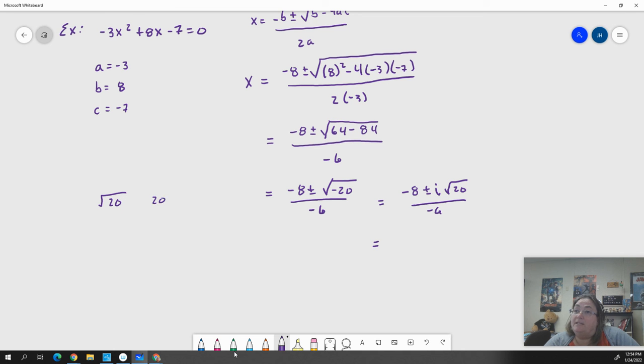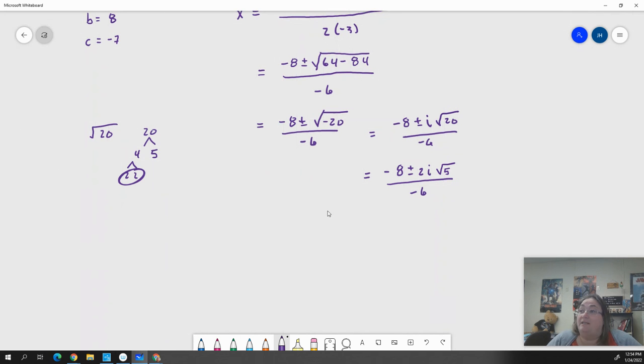And if I take 20, well, it's 4 times 5. 4 is a perfect square, right? It's 2 times 2. So I could pull the 2 out. The 5 doesn't have a match. So I'm winding up with -8 plus or minus 2i times the square root of 5 over -6. A lot, I know, and we're still not done yet.